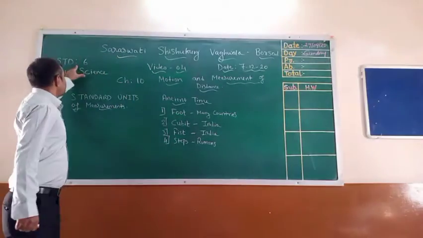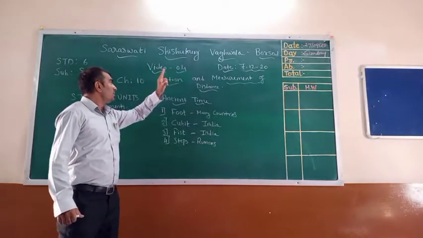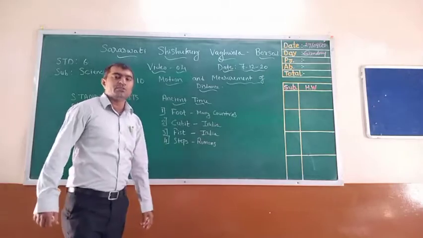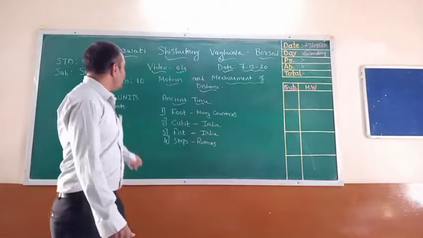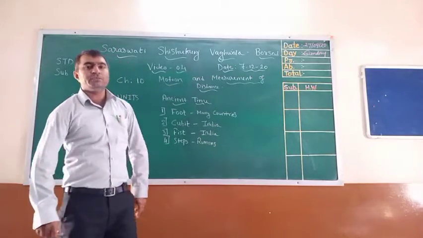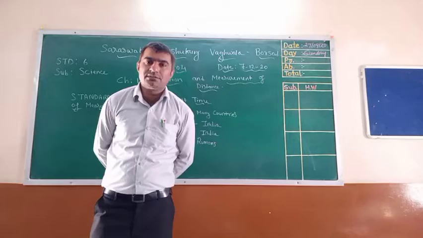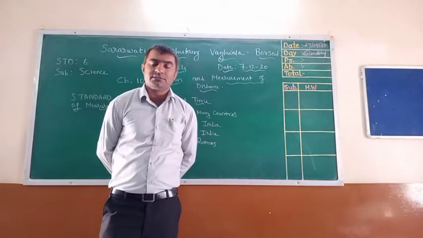Today in standard 6 subject science, this is video number 4, and in this video we are going to study chapter number 10, motion and measurement of distance. In the previous videos and live classes we have seen motion and measurement of distances.